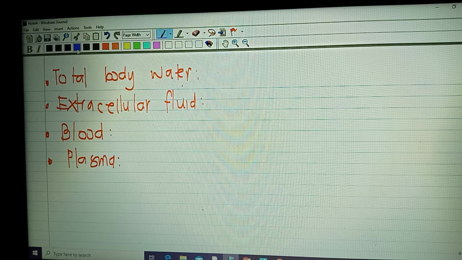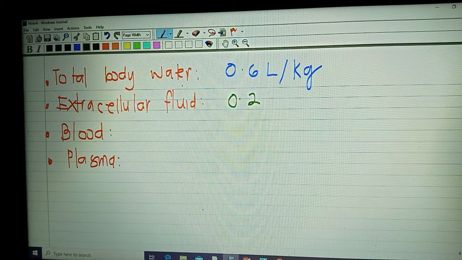Your total body water is estimated to be around 0.6 liters per kilogram. Whereas your extracellular fluid is around 0.2 liters per kilogram.